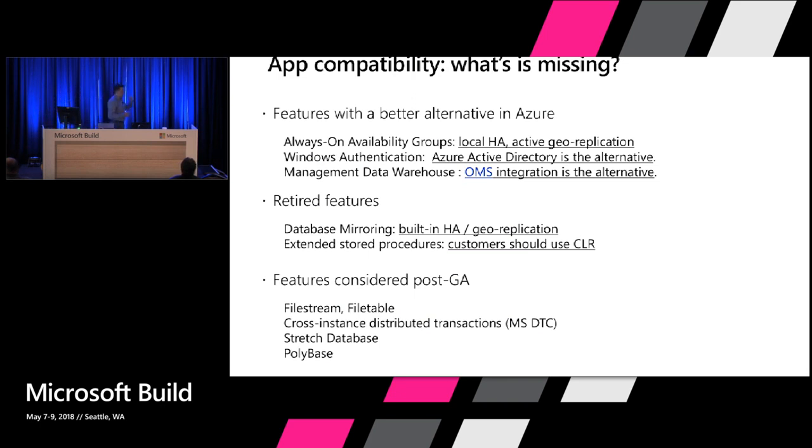Thanks to the synchronization between on-premises AD and Azure AD, you can still achieve the single sign-on experience with managed instance. You can log into the managed instance, or your application can log in using your domain credentials, and that's supported. Some features like database mirroring are definitely not necessary because of HA and geo-replication.